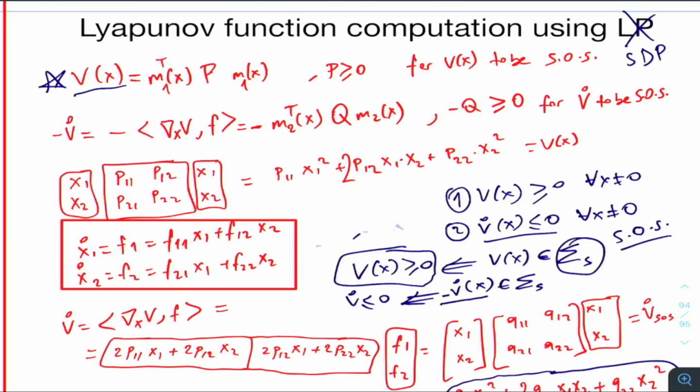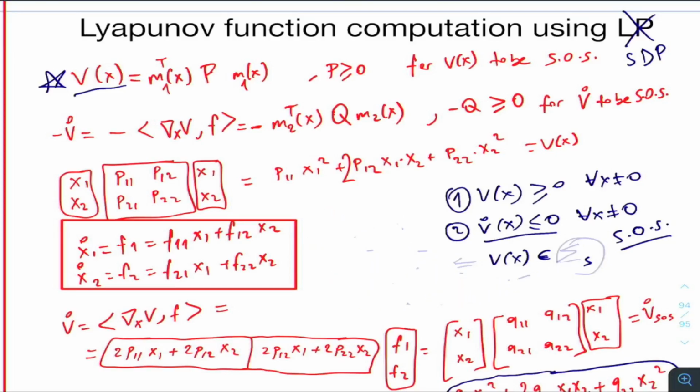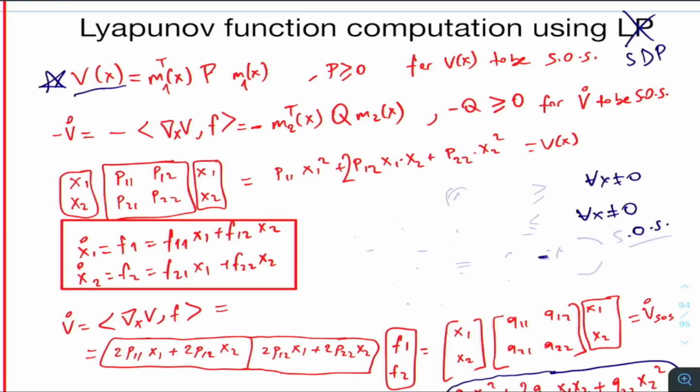Okay, let me just delete all of them. So V being positive and V dot being negative, meaning we want to parameterize V such that it would be easier for us to represent V of x as a sum of squares, which is a sum of square functions.